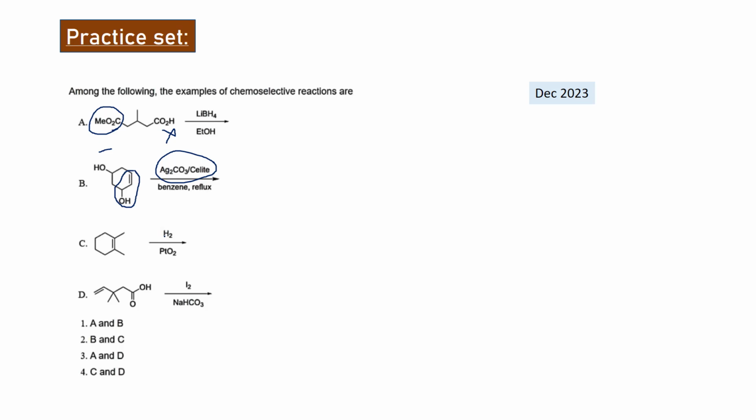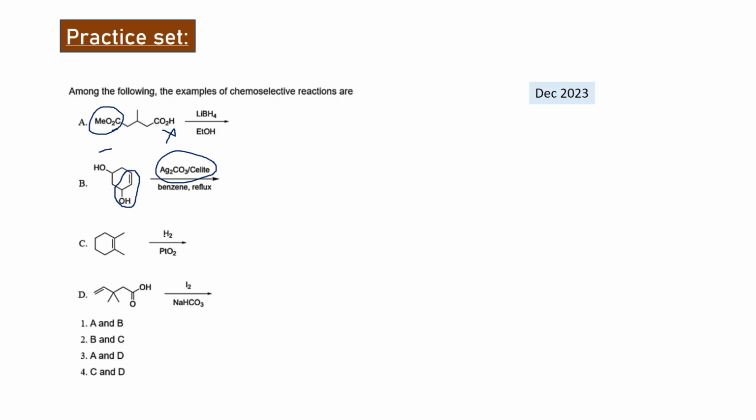Chemoselective reaction: if you have two reacting centers and your reagent is reacting with one of the reacting centers specifically, that is called a chemoselective reaction. Stereoselective means if you have two different stereochemistries of your substrate and one single stereochemistry is reacting selectively, that is called stereoselective. Another one is regioselective.